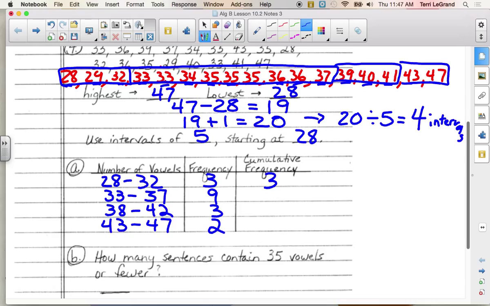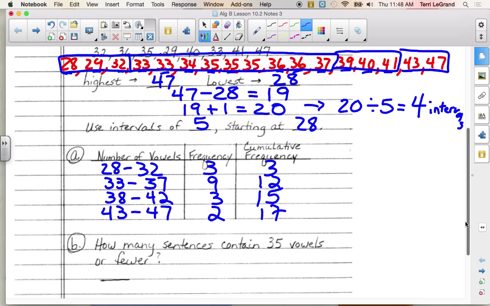Remember, this is a running total column. We get here, we look up one box and say 9 plus 3, 12. We get here, we look up one box to 12, add 3 to it and get 15. Now we add 2 more to 15, and we have 17. And we have as many data values as we had, don't we?